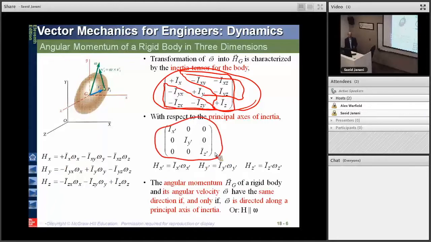They vanish. This is only if the body is rotating about an axis and the mass is distributed evenly. In that case, all you have in your moment of inertia matrix is I of x, I of y, and I of z. The rest would be zero.